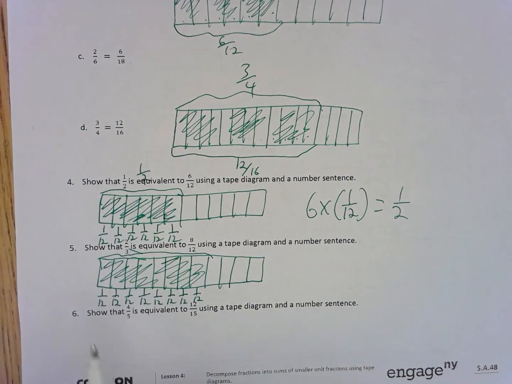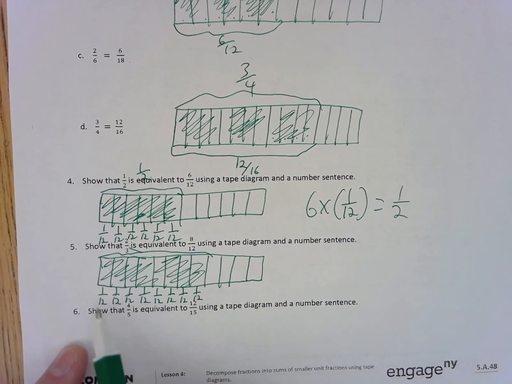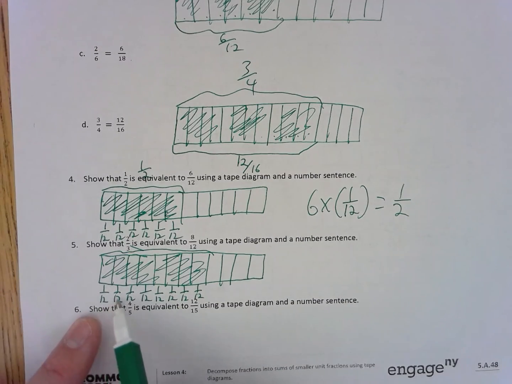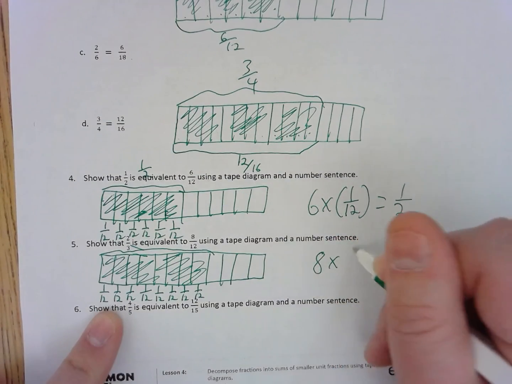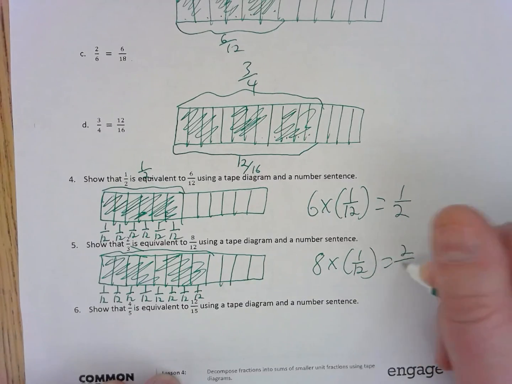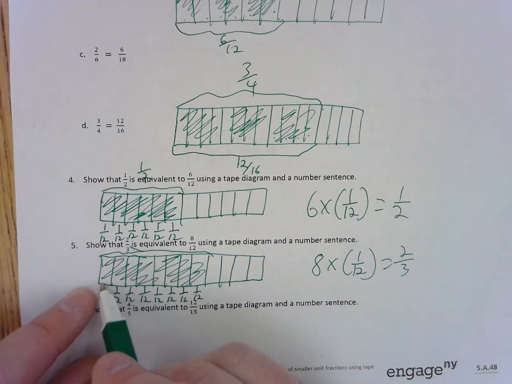If we want to look, we can look at this a couple different ways. You can add up all of these together: 1/12 plus 1/12 plus 1/12 plus 1/12, so on and so forth. Or you can look, you have a total of 8/12. So you can do 8 times 1/12 equals 2/3.